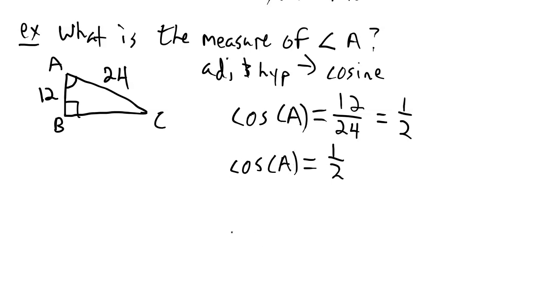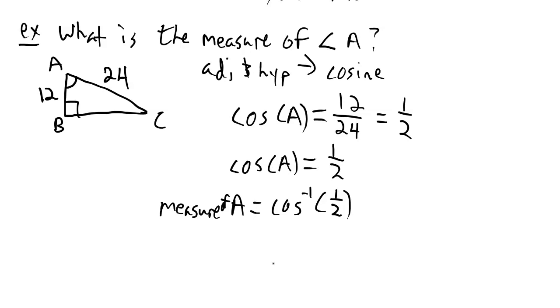You'll notice above the buttons on your calculator for each of these, you'll see something that says sine to the -1. That's the inverse. So we can say the measure of A will be equal to the inverse cosine of whatever's on the other side. So if you're trying to find an angle, you're going to move the cosine or the trig function over to the other side as an inverse. The inverse allows us to find that angle by doing this.